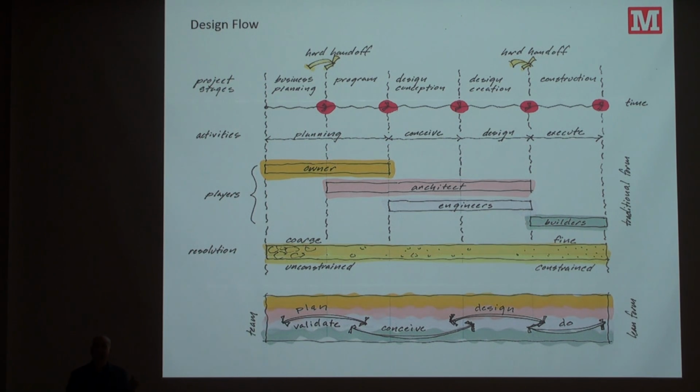Now, in the lean or IPD ideal world, there's this form right here, and in some ways it's more aspirational than real yet. But the idea is that we're all in it together, and that there's the assembly of a team, and the activities of the team change over time. In the beginning, we're thinking about programming, the business case, the owner's values, the big ideas.